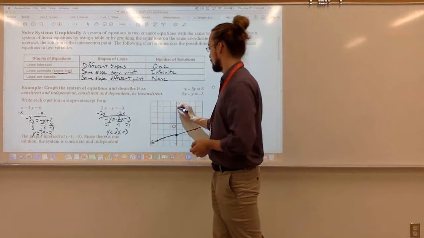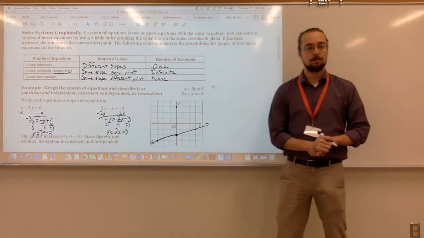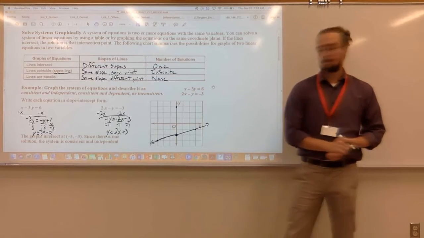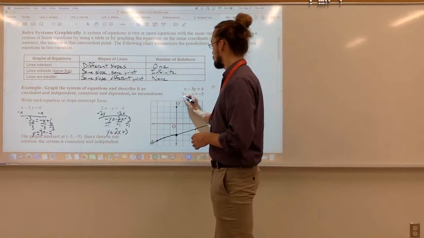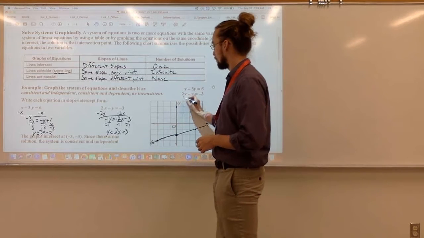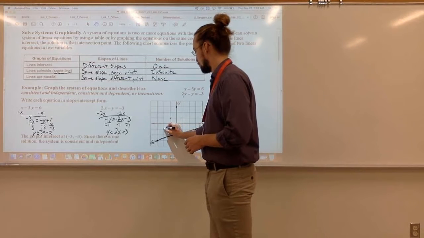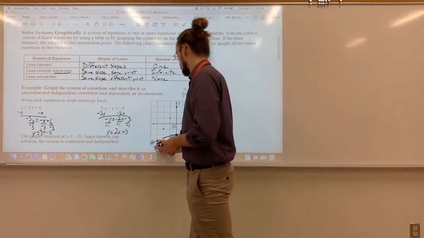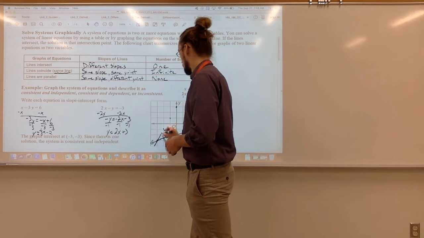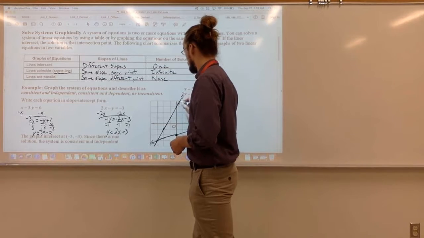Yeah, so start at 3 on the y-axis. And you can go up 2, right 1, which will be off our graph here, or I can go down 2, left 1. Then sketch out that line.